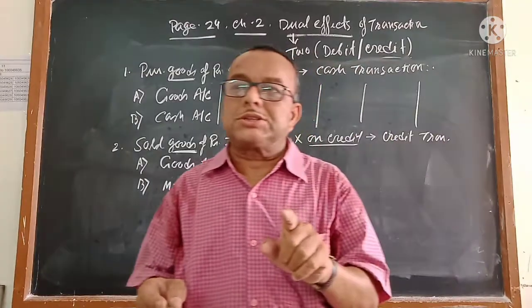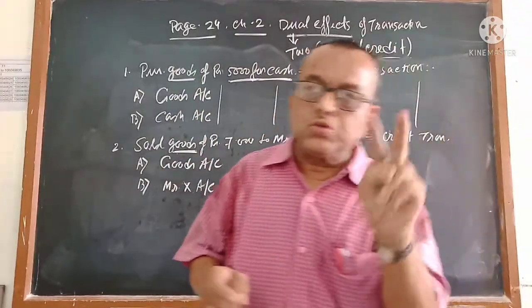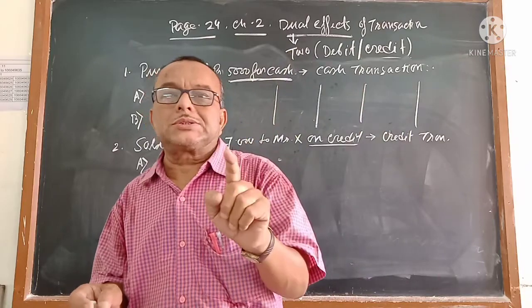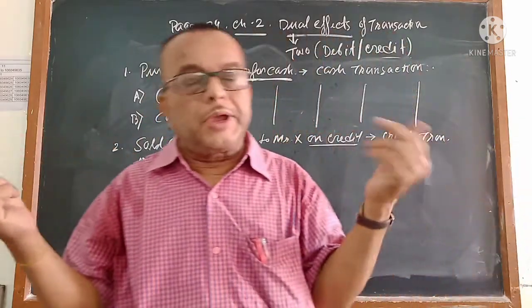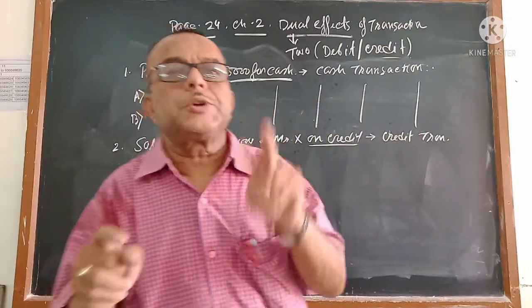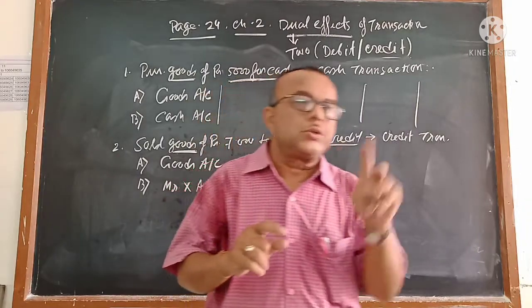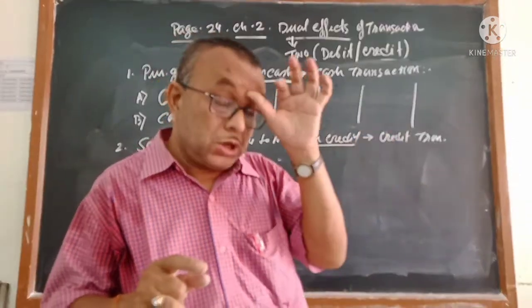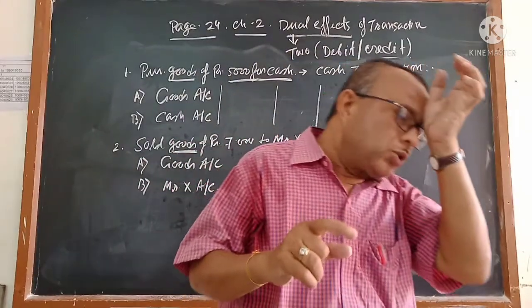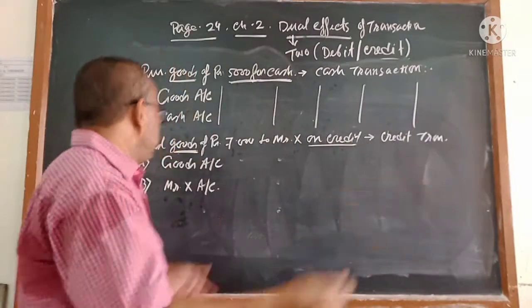If it is a cash transaction, out of these two effects, the dual effect, one will be the cash effect or cash account. If it is a credit transaction, out of these two, one will be the party's name. The remaining you will find out.